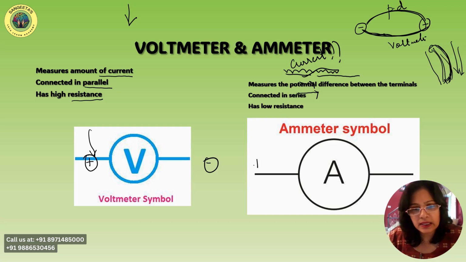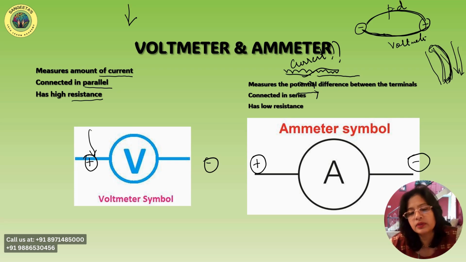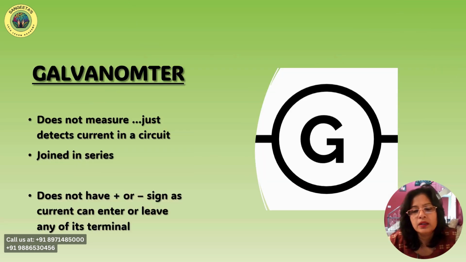The ammeter is shown as this. This is a positive terminal and this is a negative. Why is it shown as positive and negative? The positive sign at one end of the terminal indicates that the current must enter through this terminal only.